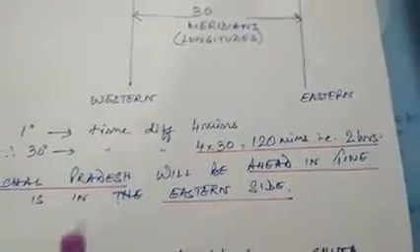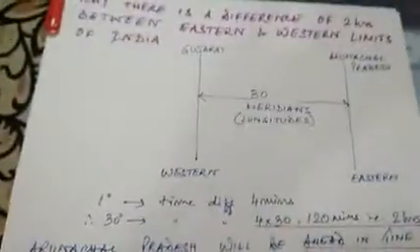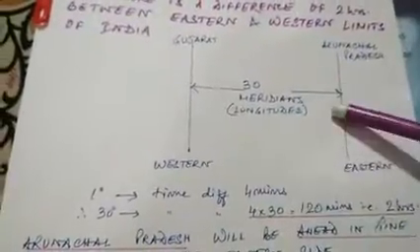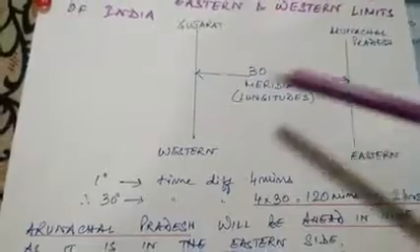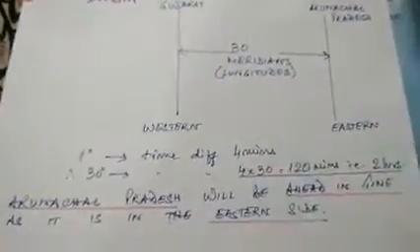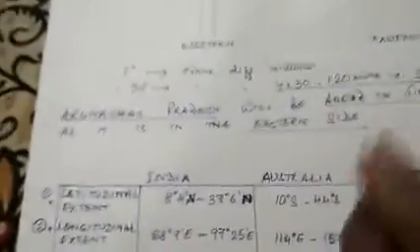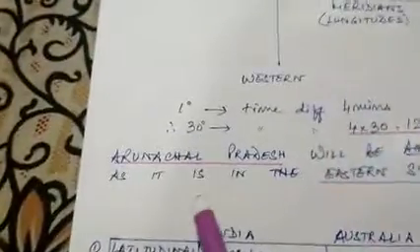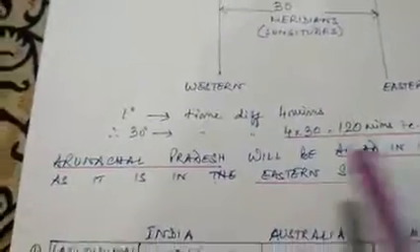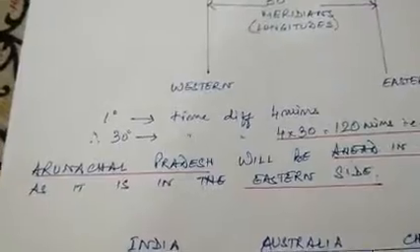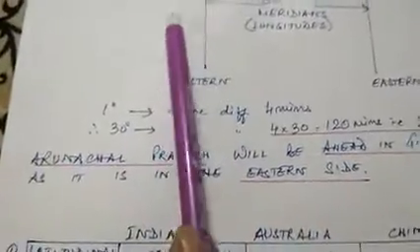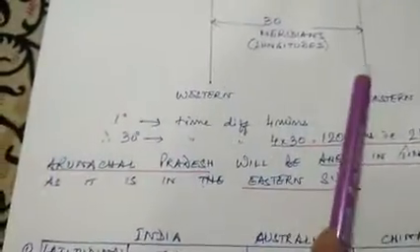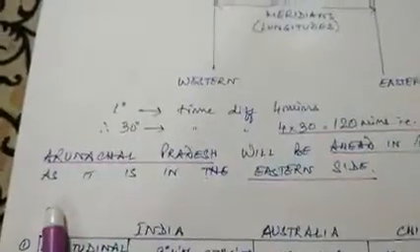So that proves this is the reason why there is a difference between the eastern and the western limit, and the time difference is 2 hours. Though India follows one single standard time, still Arunachal Pradesh, being on the eastern side, will always be ahead in time compared to Gujarat, because Gujarat is on the western side, and any place in the east is ahead because they see the sun first.